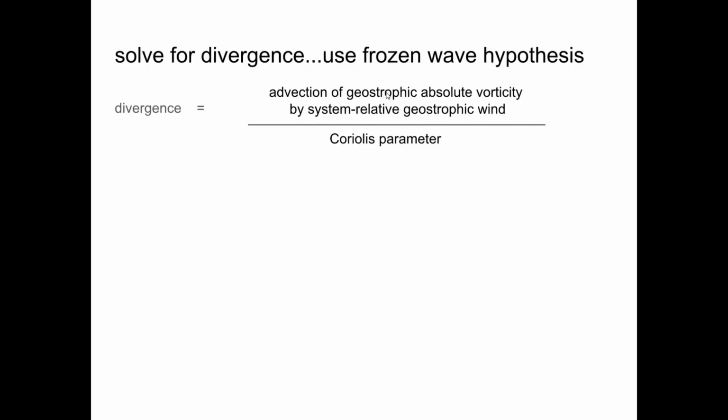And that's what we're going to solve for in the lab. Basically we go through the steps of determining these values, finding the system relative flow, modifying the code, calculating the advection of the geostrophic vorticity by that system relative wind, dividing it by f, and then comparing the value that we estimate to the value that the model actually predicted, and see how good or bad this approximation happens to be.